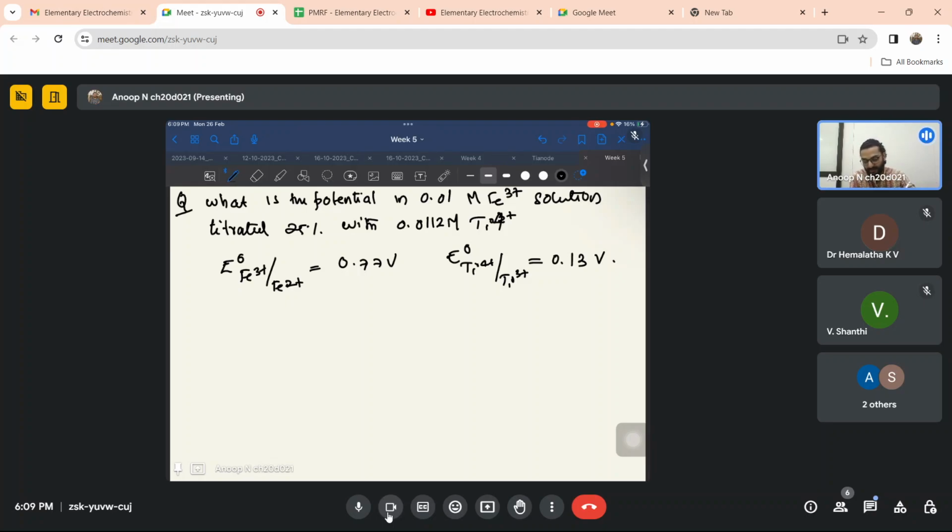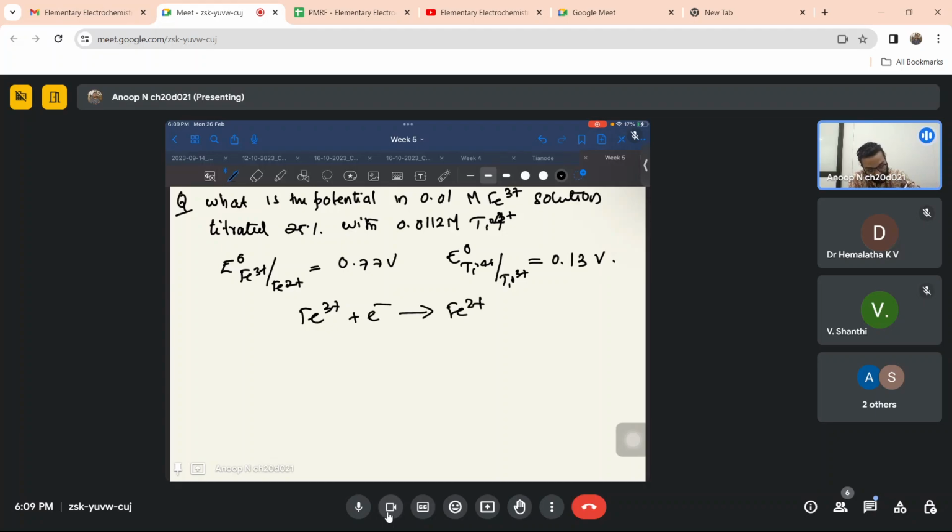Okay. So this is a titration actually. As you have already seen in the class videos, during titration there was one more probe inserted which was showing the potential, right? So this is that kind of problem. We can solve it easily. Before that I'll write the reaction. Fe3 plus plus electron gives Fe2 plus.